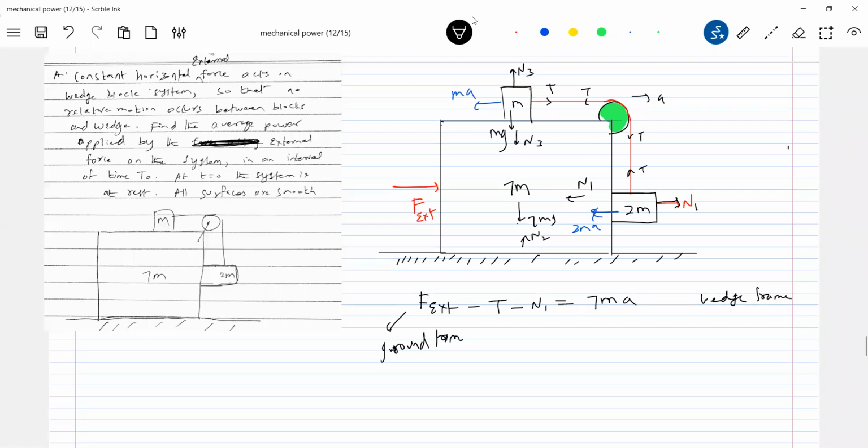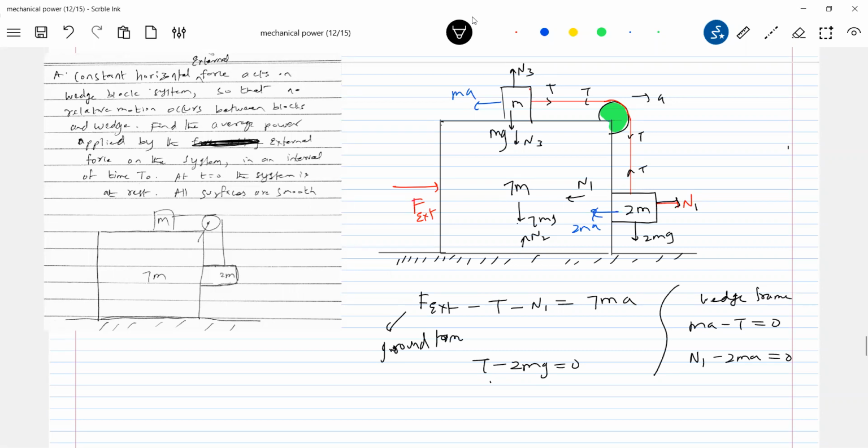In the wedge frame, when you are standing on the wedge, the pseudo force will balance the tension. And again in the ground frame, one more equation: T minus 2mg equals 0. Then one more equation here: N1 minus 2ma equals 0. So these are the set of equations you write.